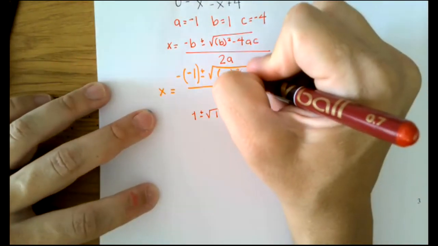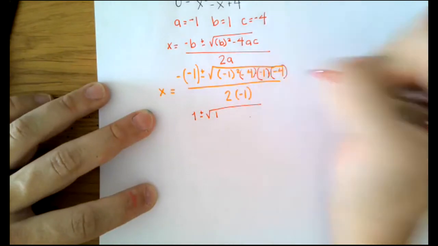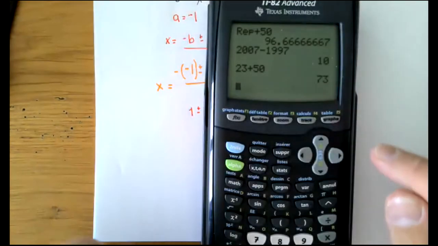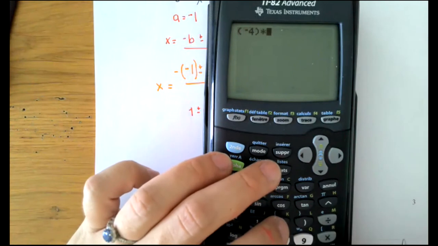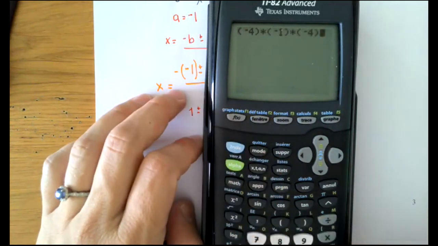So we have -4, -1, -4. Just so I don't make any mistakes. -4 times -1 times -4.